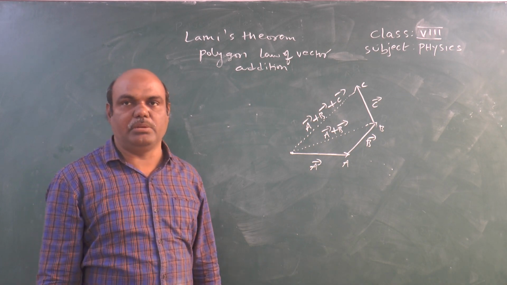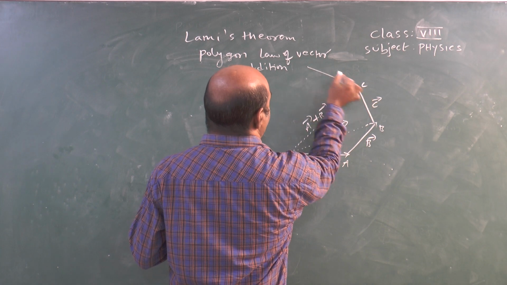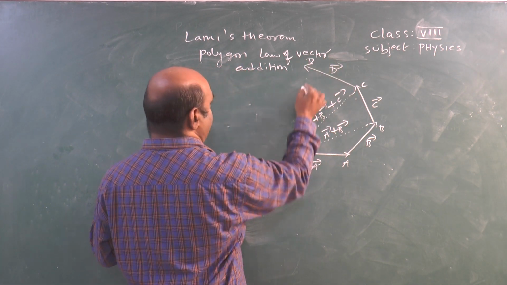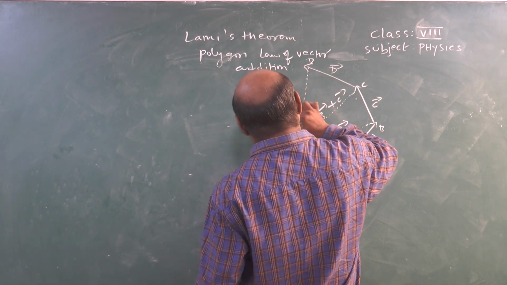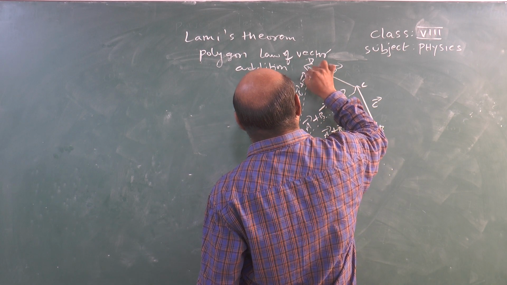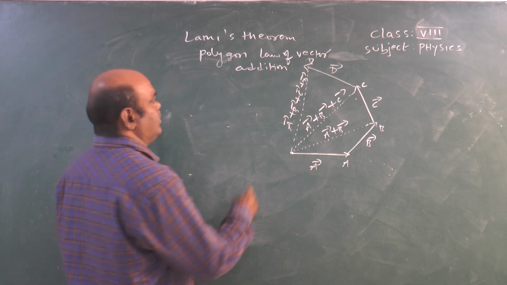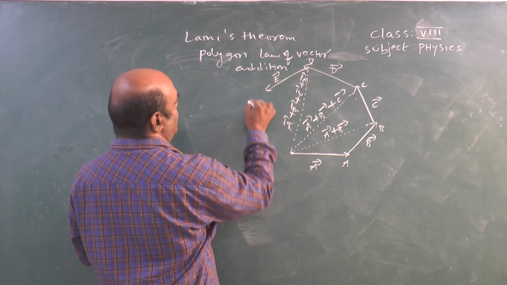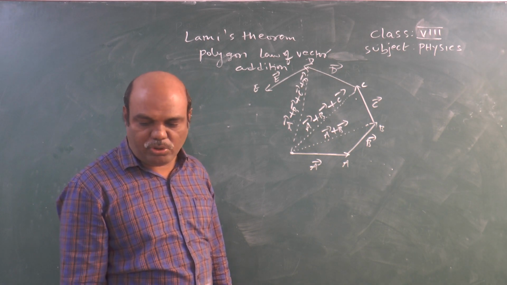Next, if you represent another vector D bar, this is the point D. Now this represents A bar plus B bar plus C bar plus D bar. Next, here if it is a vector E bar, representing the E point.